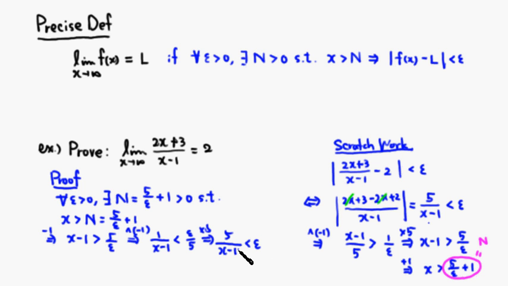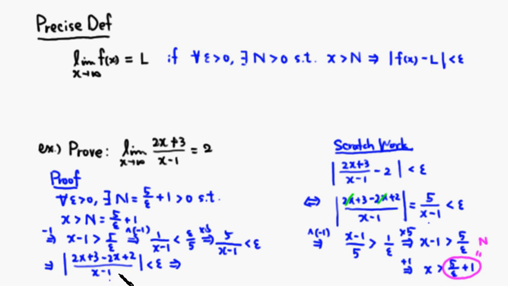But remember that 5 over x minus 1 is the same thing as the absolute value of (2x + 3 - 2x + 2) over (x - 1).